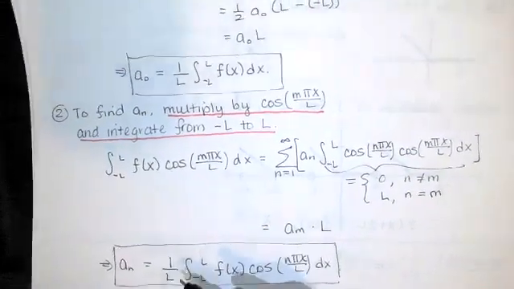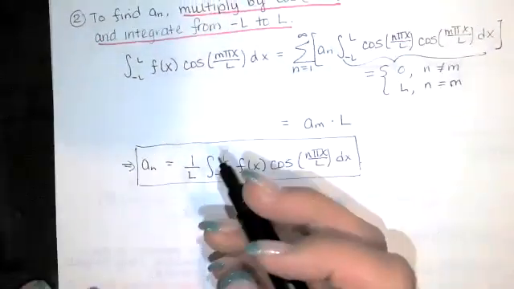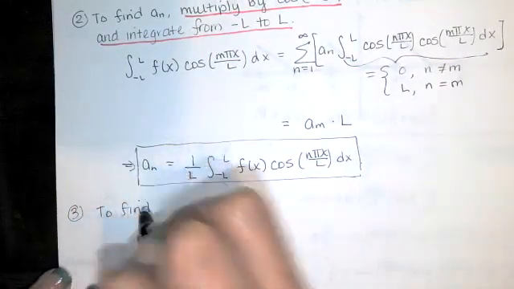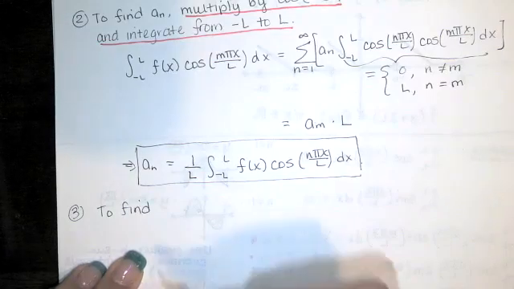I'm not going to show the whole thing this time, but you can imagine how we find the b sub n. Those are the weights of those sine functions.